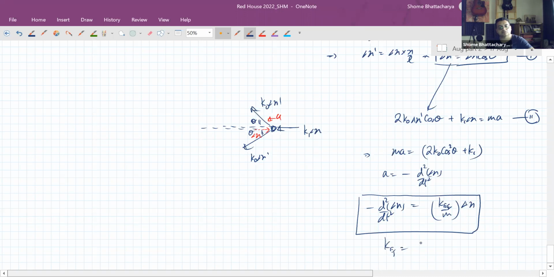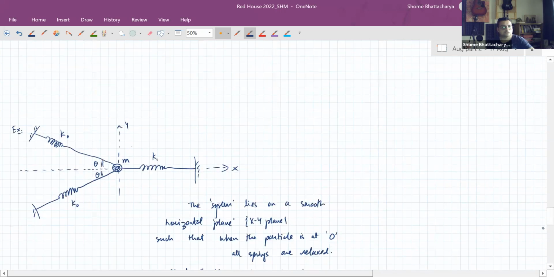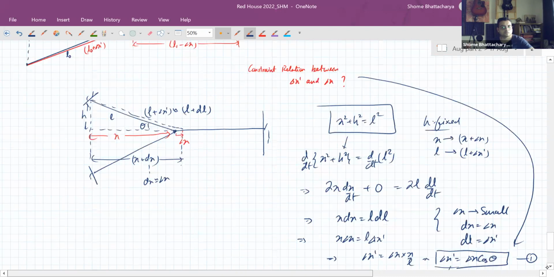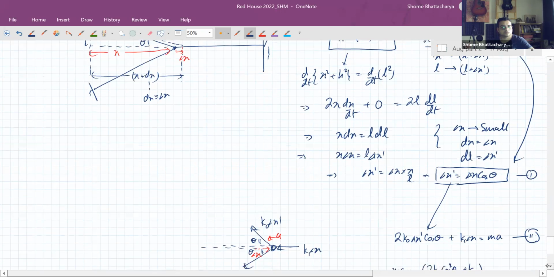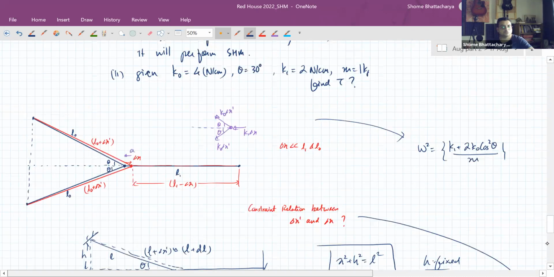And that is k equivalent. So how much will that become now? Theta was 30 degrees, k naught was 4, and k1 was 2. And the mass of the block is taken as 1 kg.